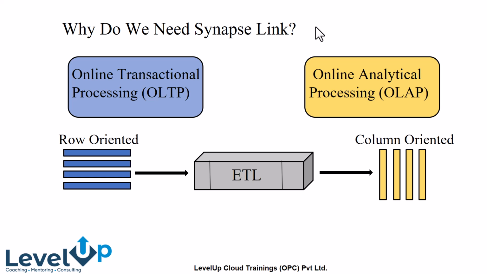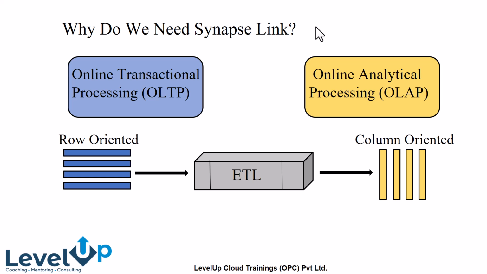Now, when you want to query the data for analytical processing, it is better if your data is in columnar format. A couple of examples of columnar formats are Parquet and ORC, and there are some other data warehouses, like Amazon Redshift, which support columnar data formats.